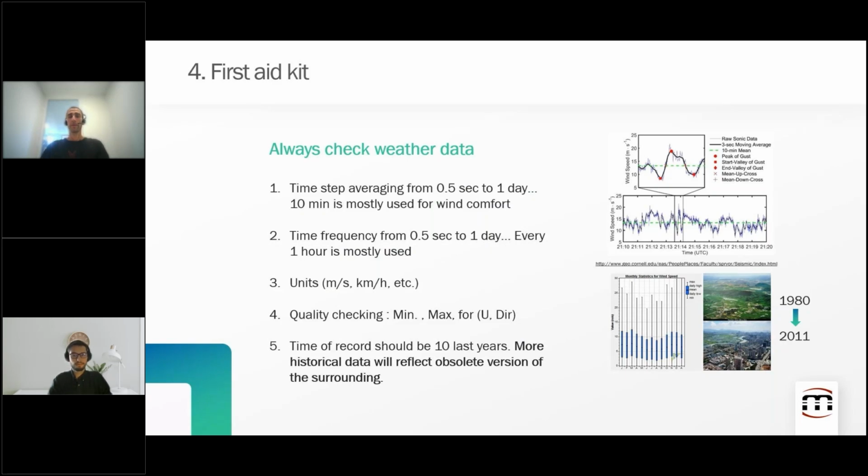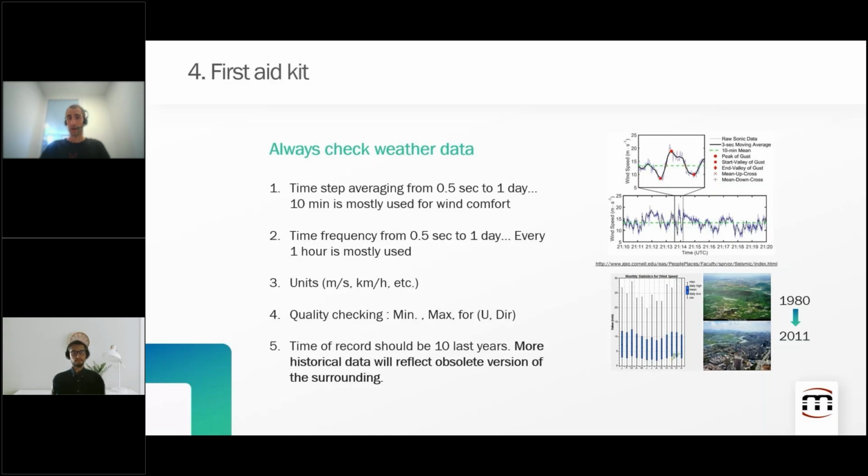The first one: if you look at the raw data recorded, on the second top graph, which is highly turbulent, you see with the black line that it is really disturbed. These are the raw data, let's say every 0.5 seconds. It is too raw for our purpose.